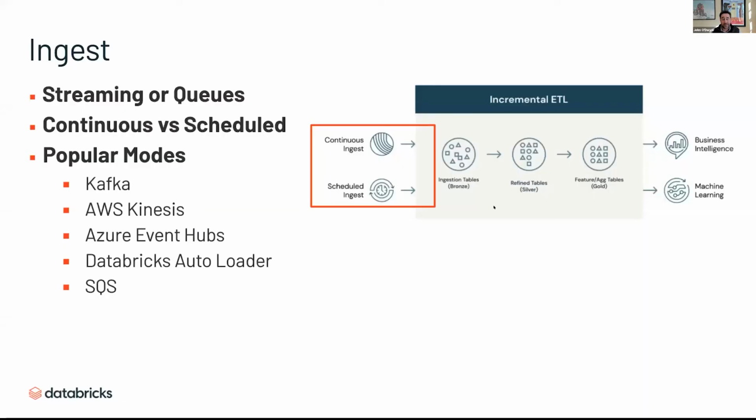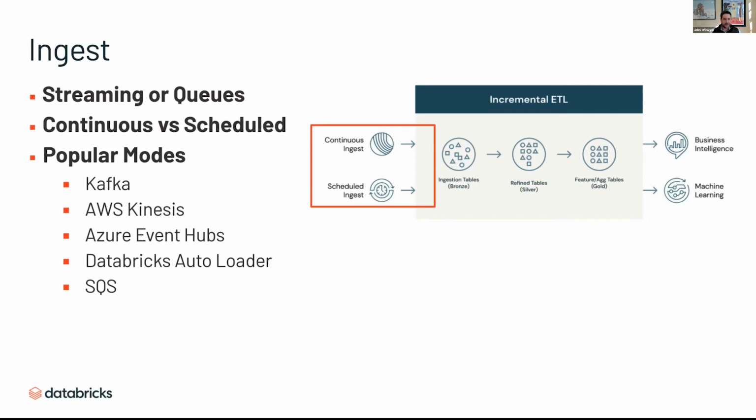So let's step through the different pieces of incremental ETL. Starting from left to right, starting on the left is ingest. This is the piece that generally is outside of Apache Spark structured streaming and also Delta Lake.